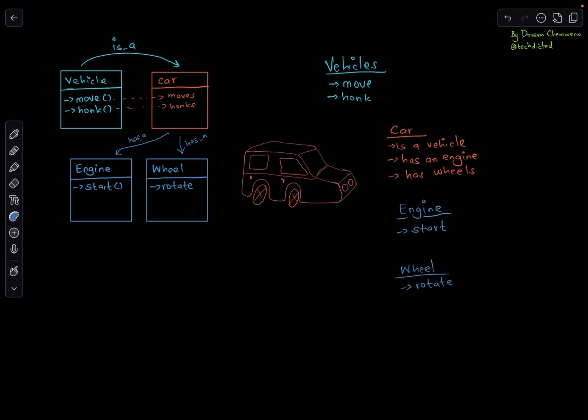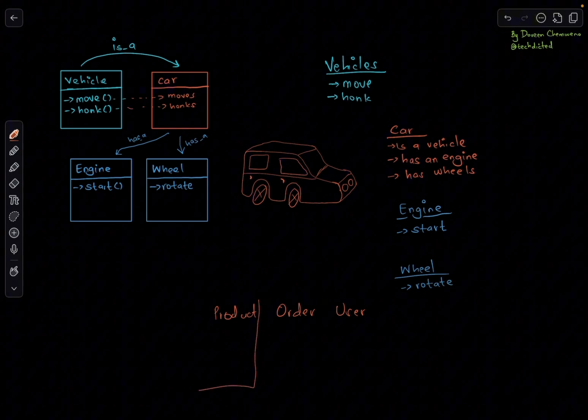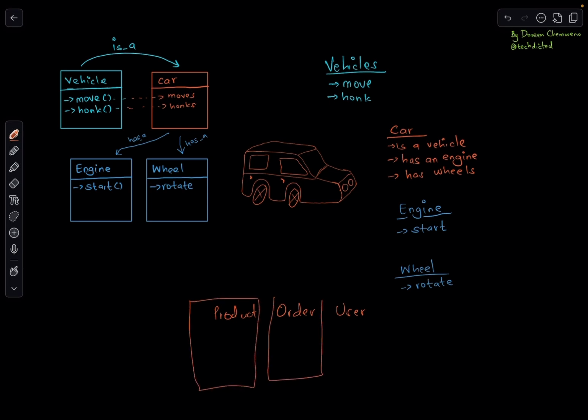Also, for a person doing web development, let me write it down here, in a real example of where this has been implemented in a back-end application, say you're creating an e-commerce site and you have products, you have an order, you have a user. It automatically creates a class for each of these.